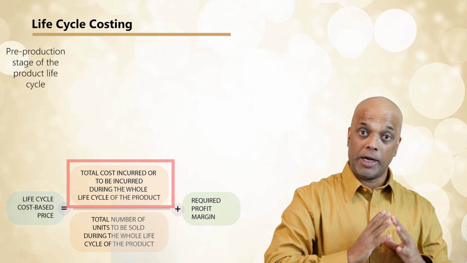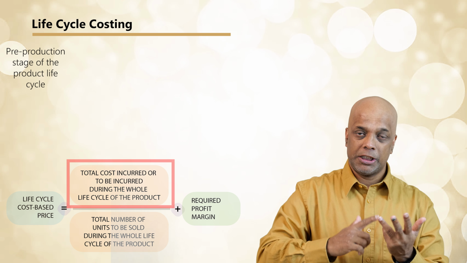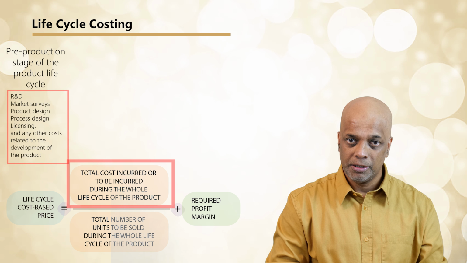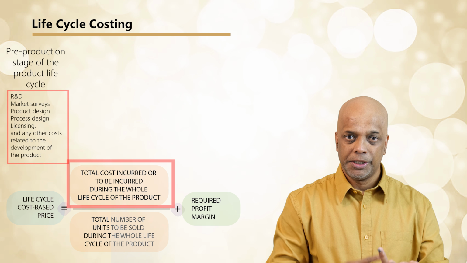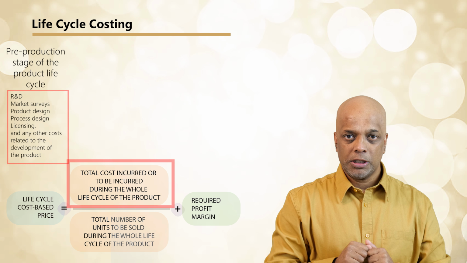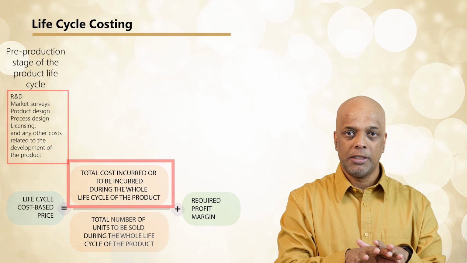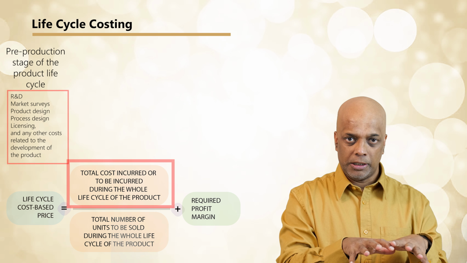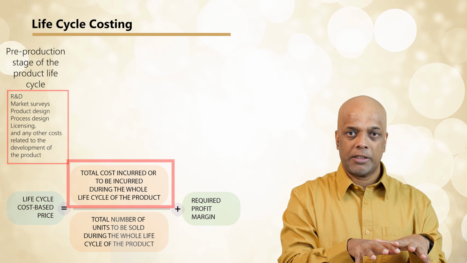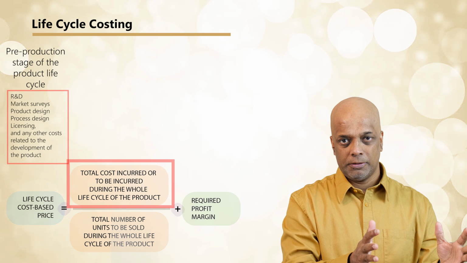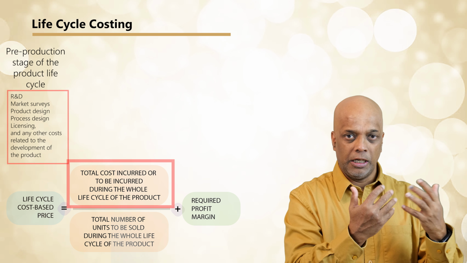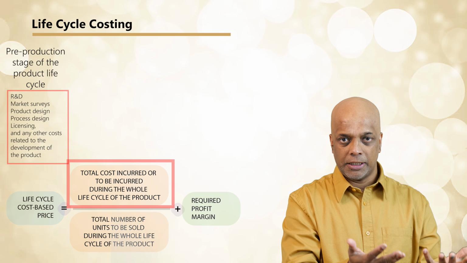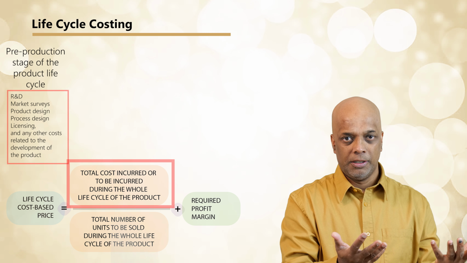That could include, for example, research and development cost, market surveys, product design cost, process designing cost, and all the costs that you have to incur to set up the manufacturing infrastructure, and so on. And they could also include various legal fees to be paid, various licenses to be applied, and so on.